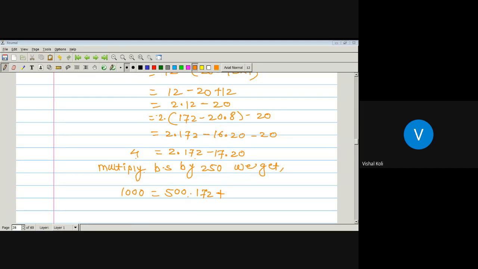But we have to express the C as a linear combination of ax plus by. Then we will get the values of x0 and y0. So multiply both sides by 250. We get 4 into 250, 1000, which is equal to 2 into 250, 500 into 172, plus, what is minus of 17 into 250?